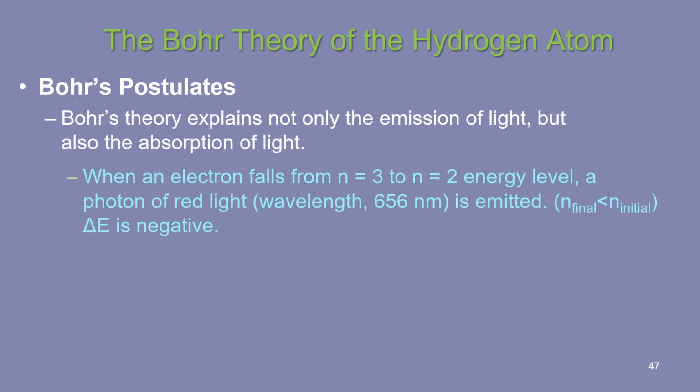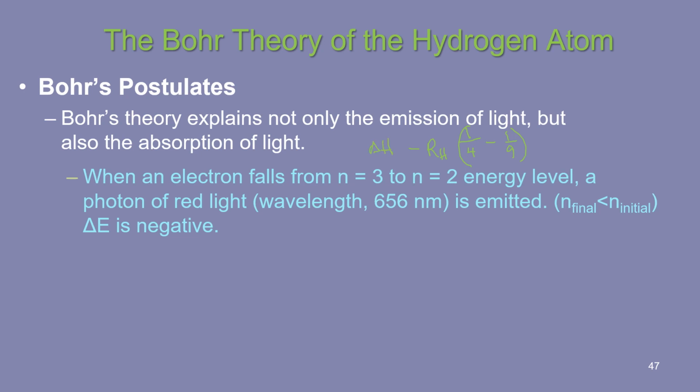Because what do you have? You have negative RH times 1/4 minus 1/9. Since 1/9 is a smaller number than 1/4, that number is positive, and so overall delta E is negative.